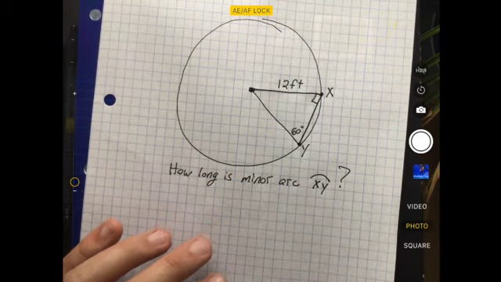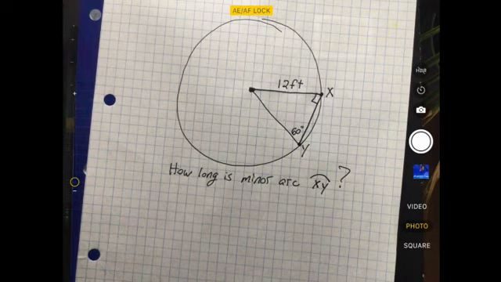All right, so here's a question for you guys. If this is a circle, I guess that dot in the middle of the circle is the origin or the center of the circle. How long is minor arc XY?